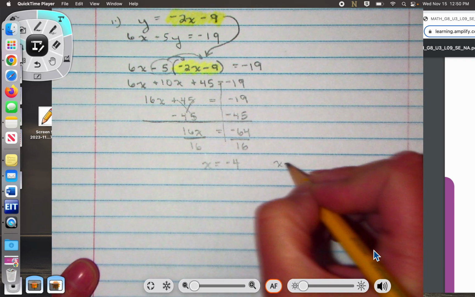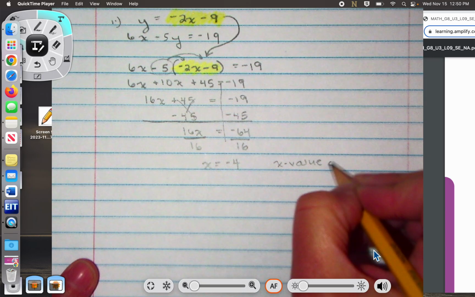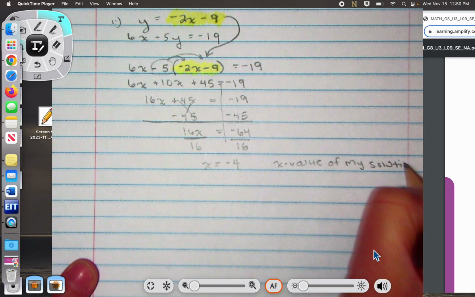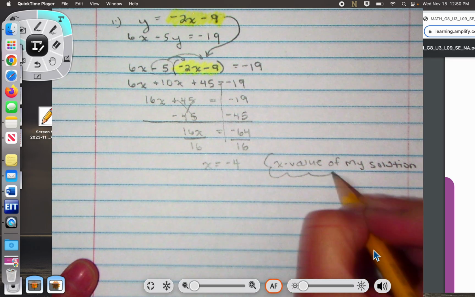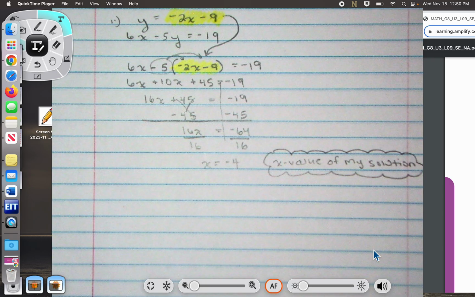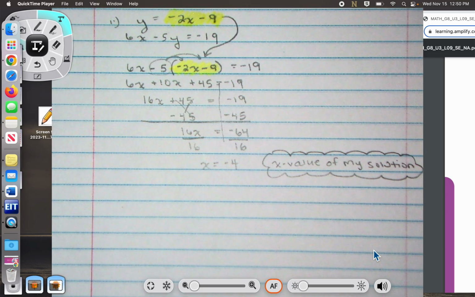So this is going to be the x value of my solution, right? Because we're trying to find that ordered pair that will work for both equations. So I took what I knew y equaled, I put it into the other equation, solved for x, so now I have the x value of my solution.